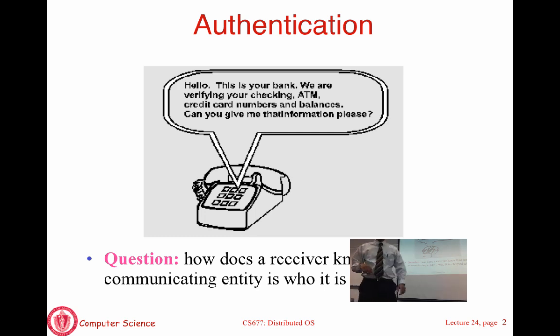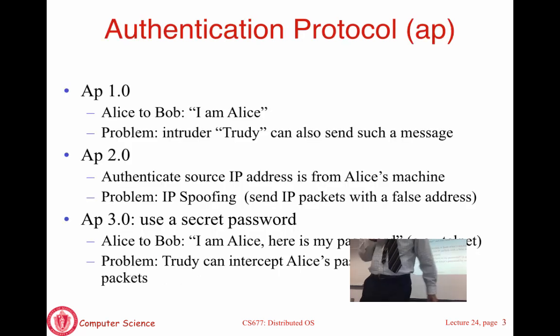Okay, so there are many techniques that you can use to address authentication. I'm going to go through some of them quickly. You should be familiar with all of them. Okay, so clearly just telling someone that you are someone doesn't help. Okay, so if Alice wants to authenticate herself to Bob and just says, I am Alice, Bob doesn't know whether to trust that or not, because there could be a third entity, an intruder, Trudy, who can send the same message.